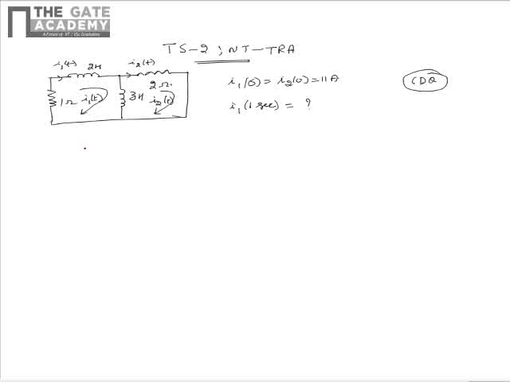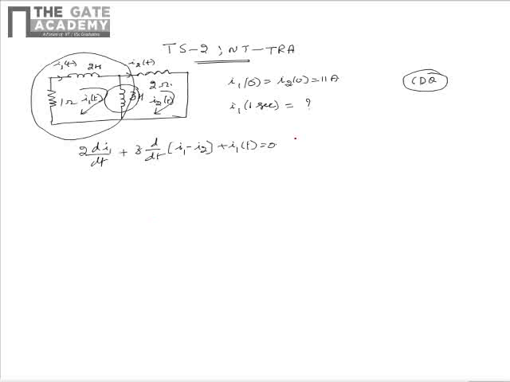Upon applying mesh analysis to the first mesh, the mesh equation can be written as 2 di1/dt + 3 d/dt (i1 - i2) + i1(t) = 0. Please note that the current through the 3 Henry inductor is i1 - i2.